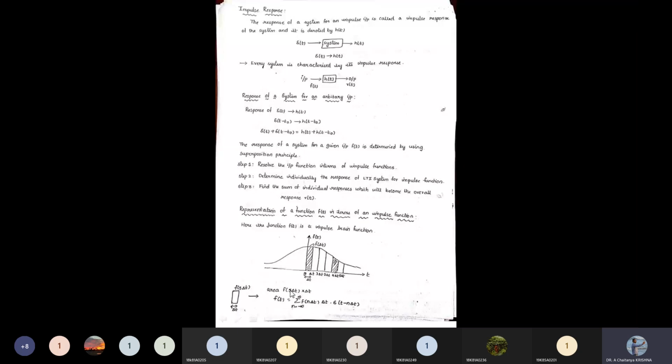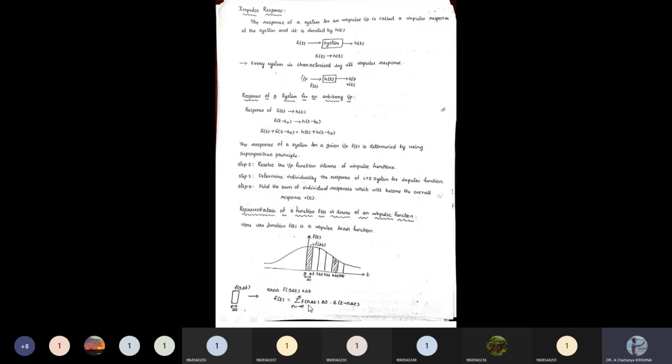Here n means the number of samples, how many samples there are for a single pulse. The generalized area of that pulse we can write as f of n del t into del t. It is not 5 del t, change it to n del t. f of n del t is the length and del t is the width. So the total area we can write as this.